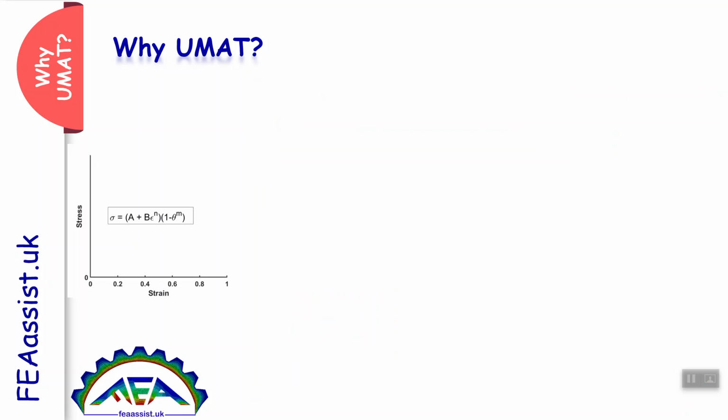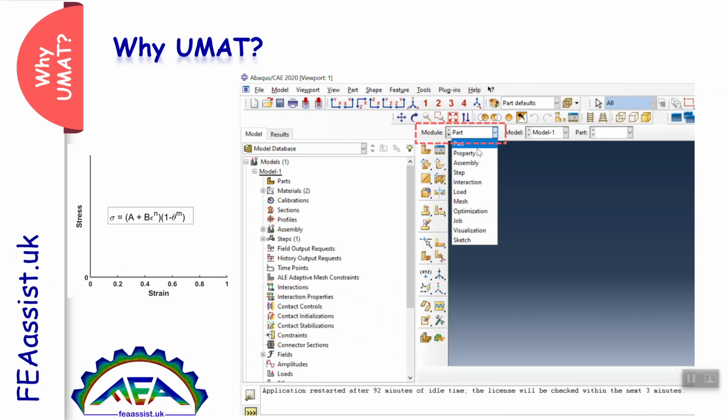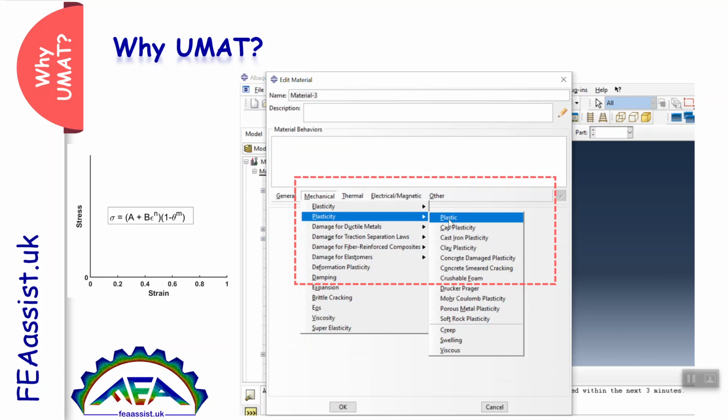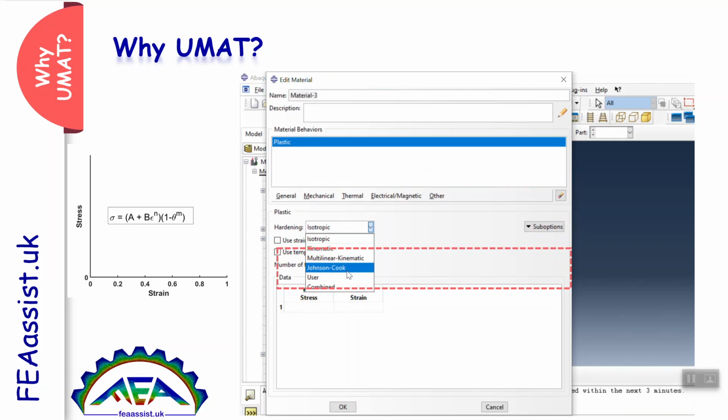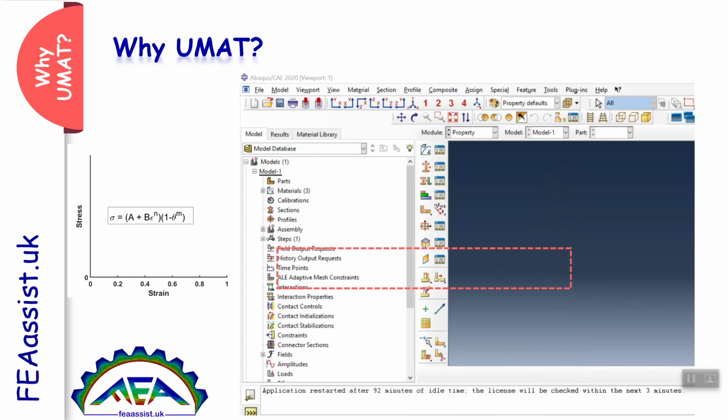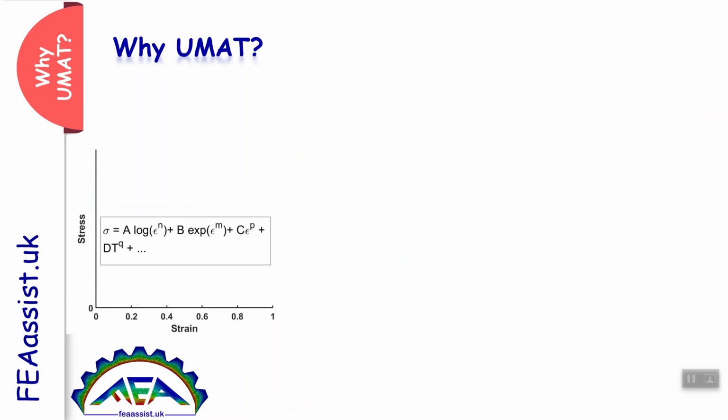Again, if you have the constitutive equation which is well known and included in Abaqus, you can go to Abaqus, again go to the property, define a material, and instead of entering the points, you can define the behavior and enter the parameters and constants of your model. Here it is the Johnson-Cook model. It is a more precise solution because you have an equation for all your points.